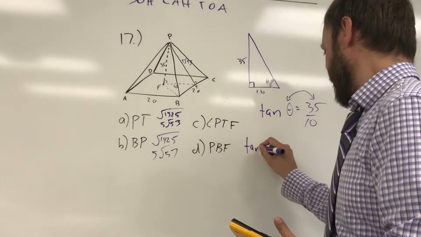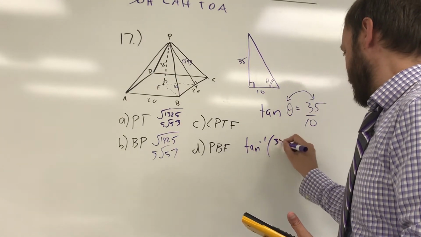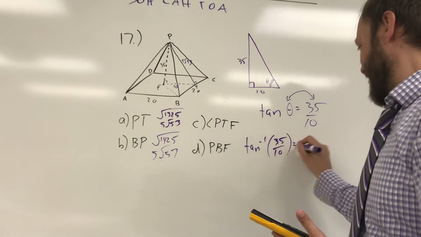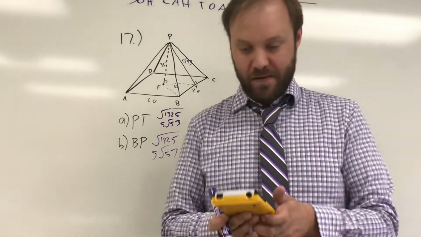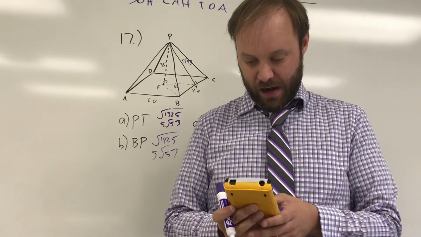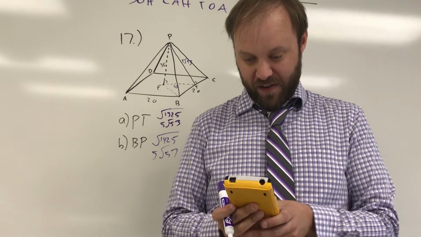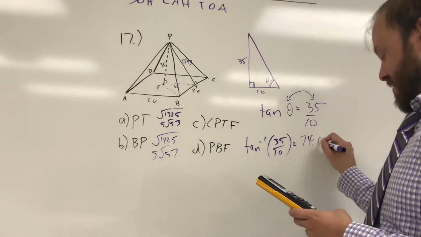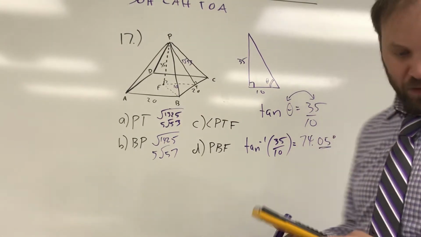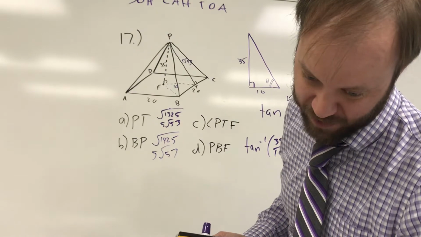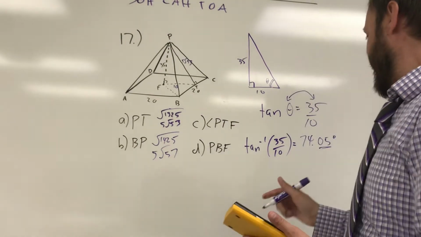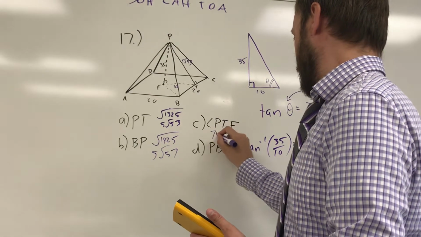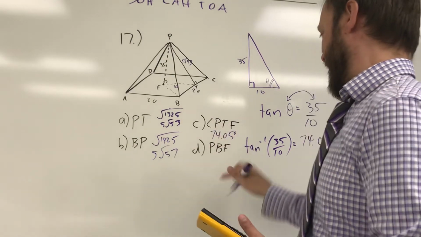We'll use the inverse tangent of that fraction there, sometimes called the arc tangent, by the way, in some books. And the inverse tangent of 35 divided by 10 is about 74.05 degrees. I think 2 decimal places is probably fine. The question doesn't say what to round to, so we'll go with about 74.05 degrees for that one.